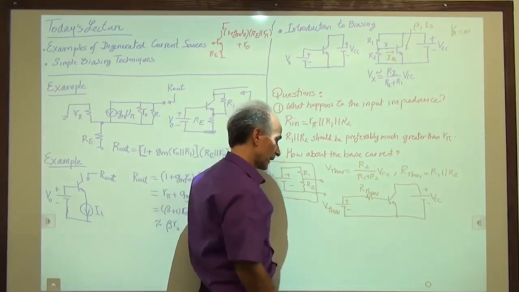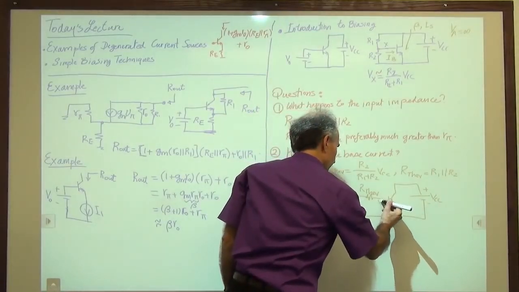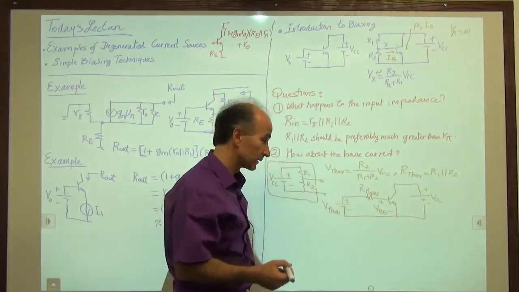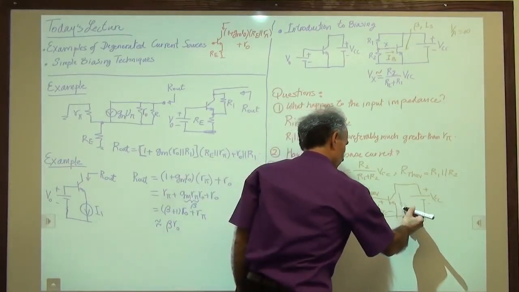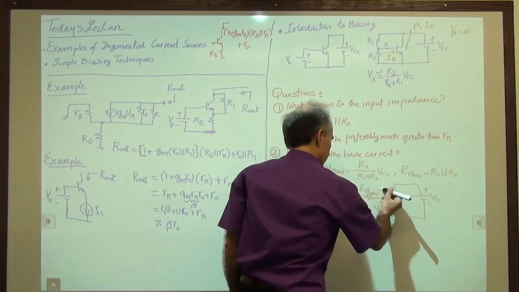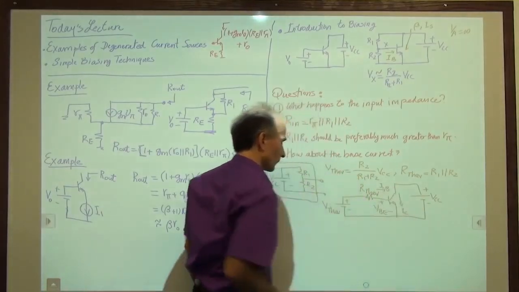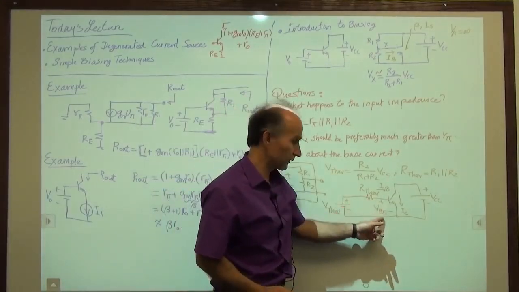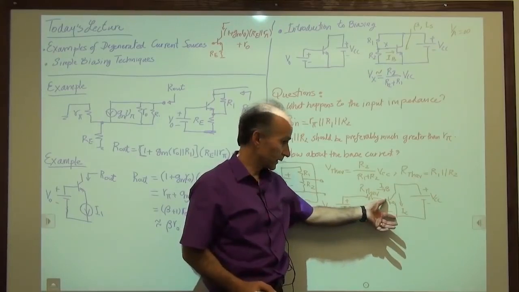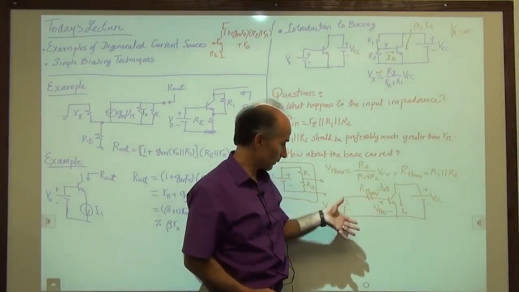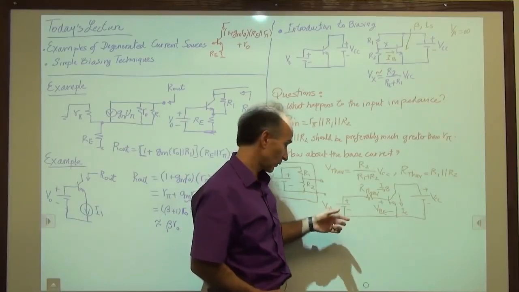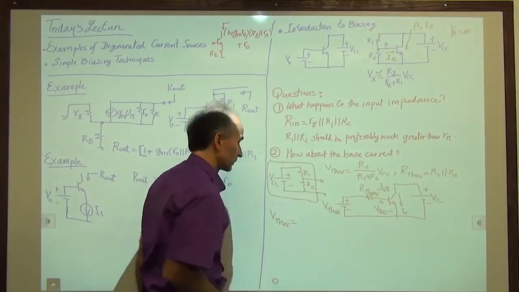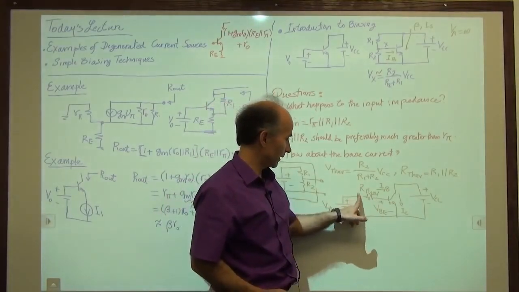Well, what we can say is that we have a certain base emitter voltage here, which we don't know yet, and a certain collector current here, which again we don't know yet, and then a base current here. So I can say that if I write a KVL in this loop, I say this voltage plus this voltage is equal to this voltage. So let's write it. We have V Thevenin, which we know, is equal to this voltage from here to here.